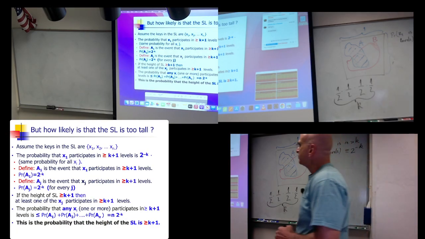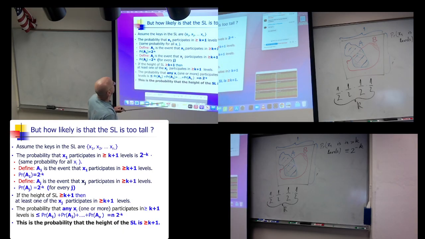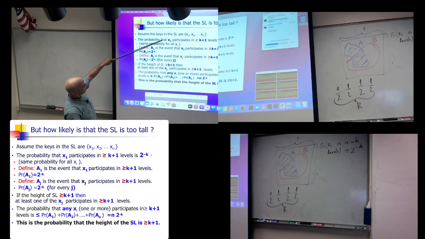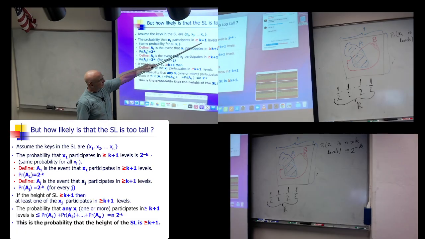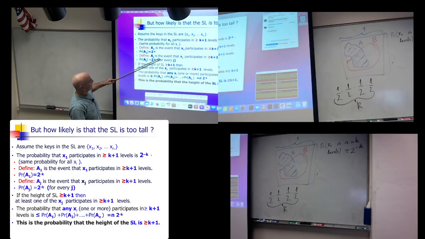So just repeat the same argument, once again, just a different slide. The probability that x1 participates in more than k plus 1 levels is 2 to the minus k. I can call this event a1. The probability that a1 happens, that x1 is so tall, is 2 to the minus k.